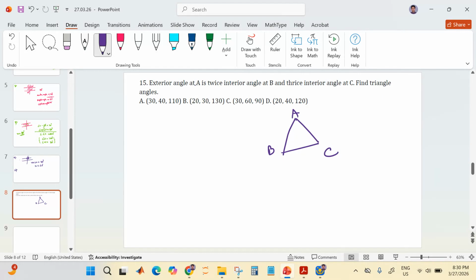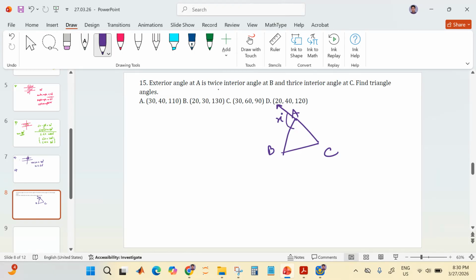Exterior at A. So if I increase this line, or you can also increase this line. Randomly I am increasing this one, but remember if we increase this one then also it is correct. So if I increase this line, the exterior angle at A, suppose it is x degrees.